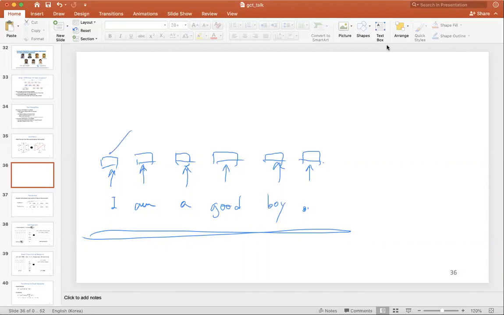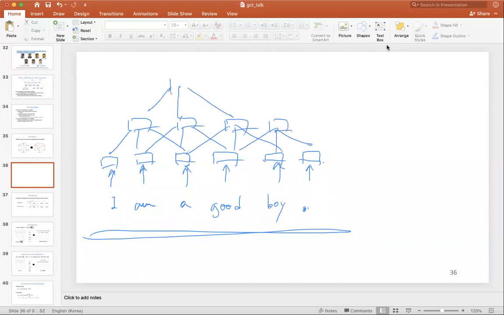So there's one filter here, one here, one here, like this. And then again, you do this like this. And then you repeat this process, and at some point you'll have a sentence representation at the top of the pyramid, basically.